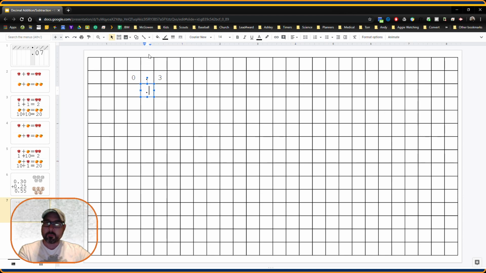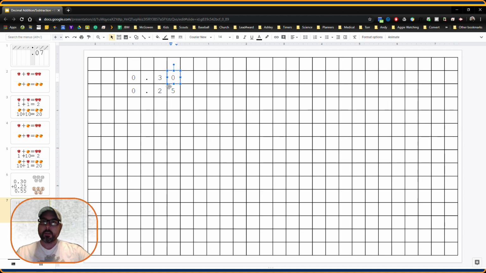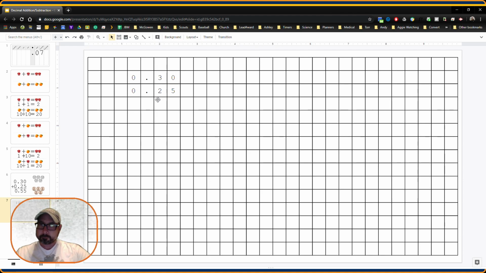I can go ahead and put my decimal. In fact, I can put decimals all the way down my page if I wanted to. Second number was 0 and 25 hundredths. I'm lined up perfectly. If I want that placeholder 0, I can put it there. And then I'm going to either add or subtract.